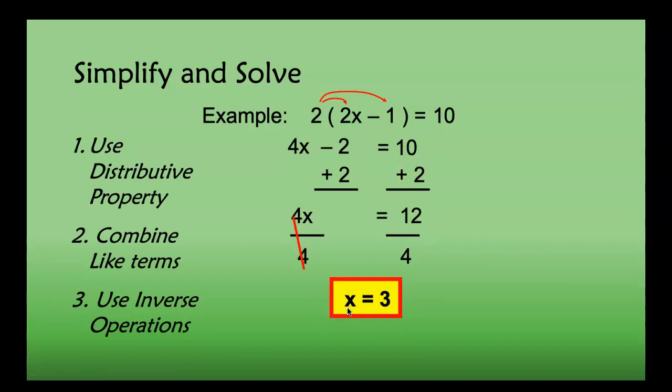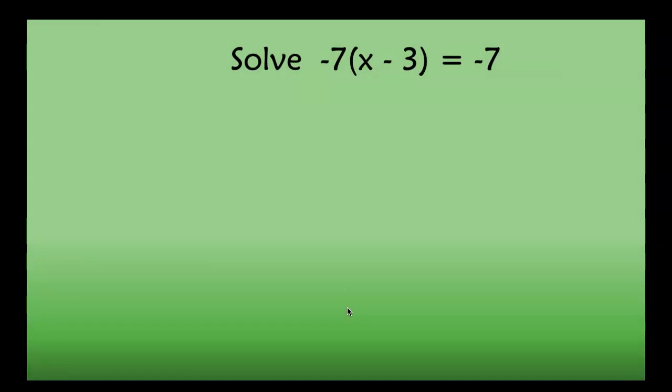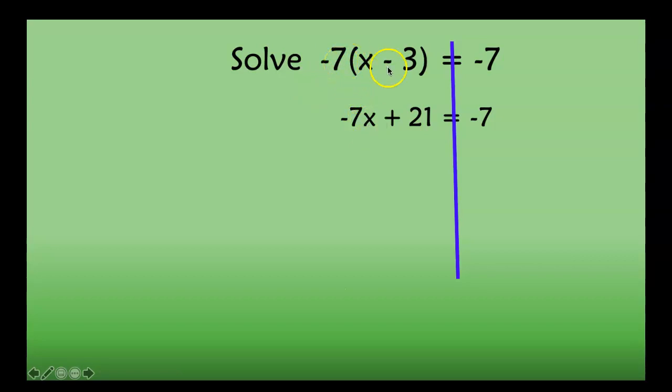Okay. Let's move on to another example here. Do the same thing as we did in the first example. We multiply the coefficient to every term. So negative 7 multiplied to x is negative 7x. Negative 7 multiplied to negative 3 is plus 21. And then we just copied this negative 7 to the right side of the equal symbol.